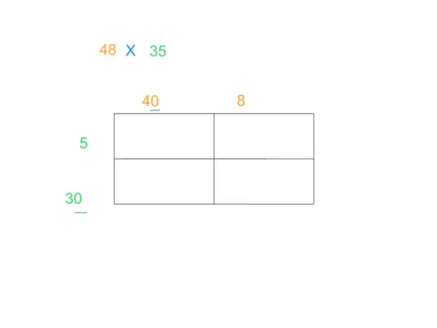I'm going to do 5 times 40 first. The first thing I want to do is ask, is there a basic fact? Because 5 times 40 is a lot if I counted by my 5s to solve this. So I see that I know 5 times 4, and 5 times 4 is 20. But then there's another 0.